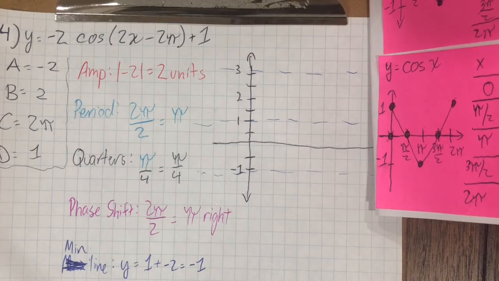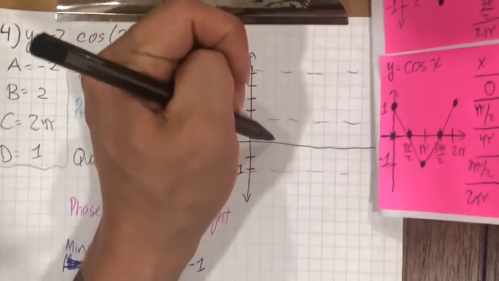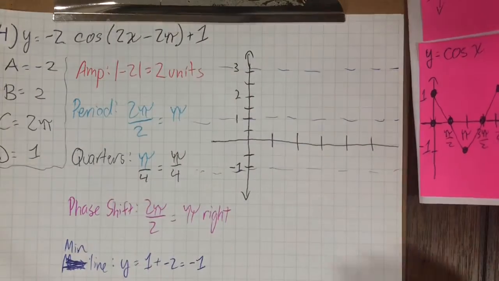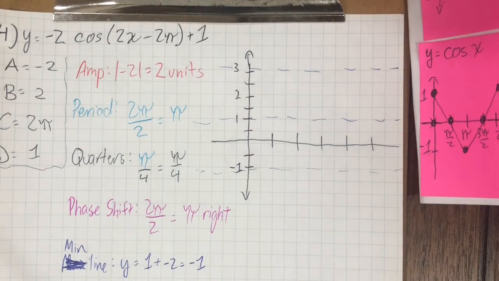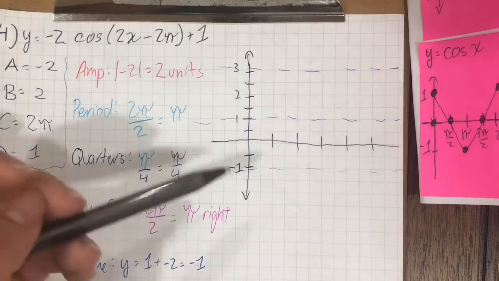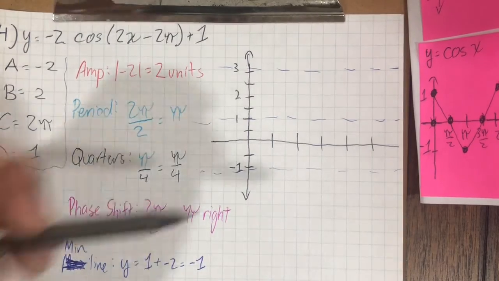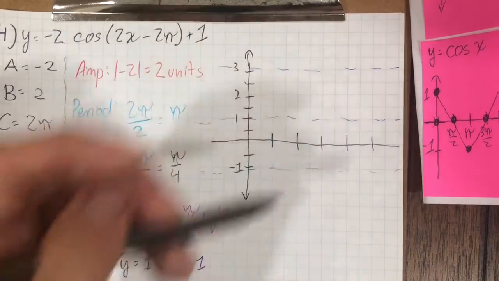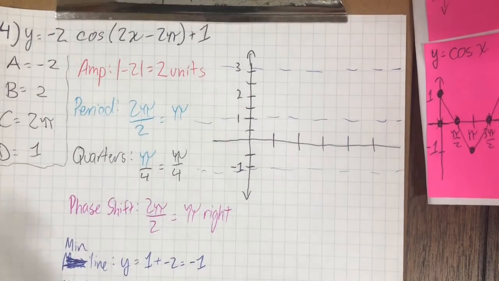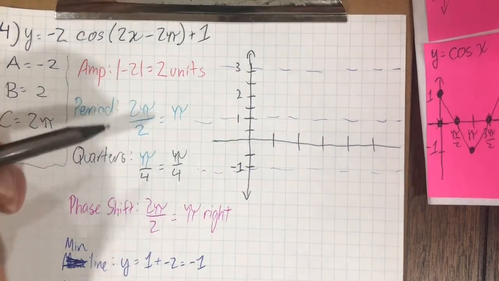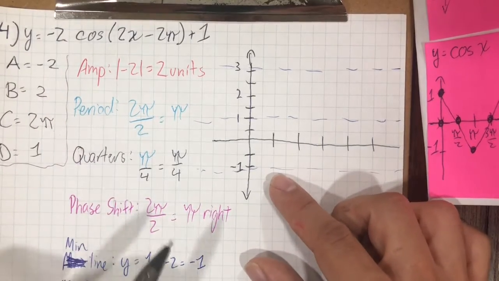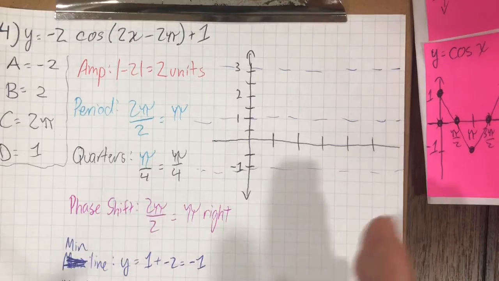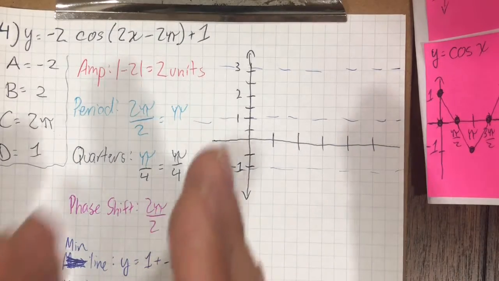All right? But before that, let's label the x-axis 2, 3, 4, 5. So we would start off at 0, and then for my quarters, I'm going to go up each x value by pi over 4. However, if we take a look at the phase shift over here, the whole entire graph is going to move pi to the right.